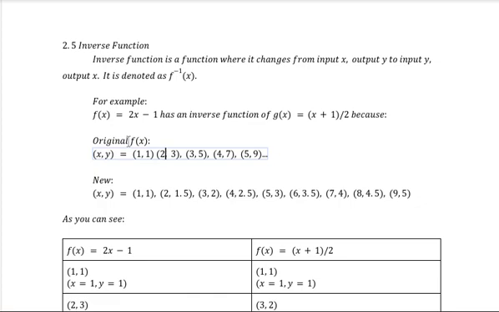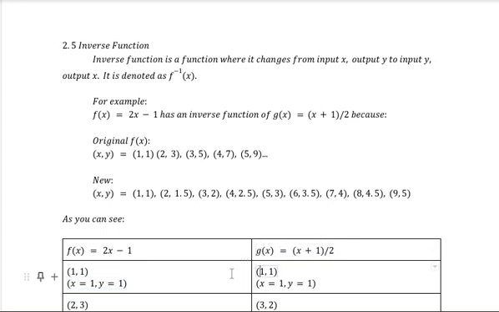Same thing, you plug in different values of x and you will find the set of values of y. As you can see, f(x) has the point (1, 1), which is reversed in g(x), where it becomes (1, 1).